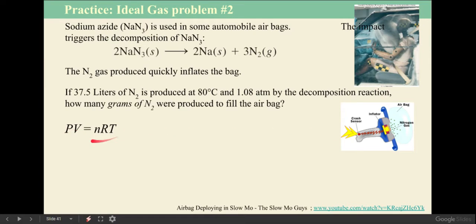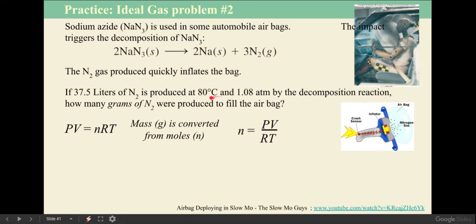And so again, we're starting with PV equals nRT, but this time, if we need to know how many grams, we need to first of all figure out how many moles there are. So our pressure is in atmospheres. Again, if we had millimeters of mercury, we would need to change that. Our volume is given.